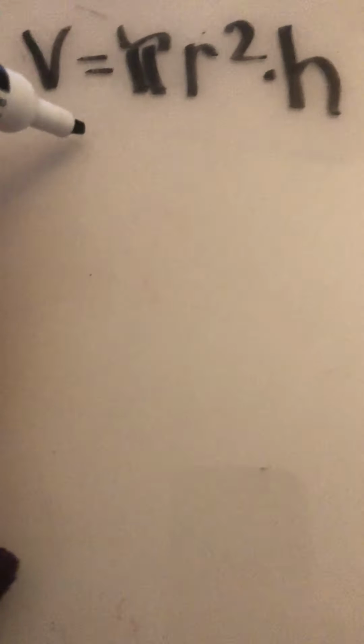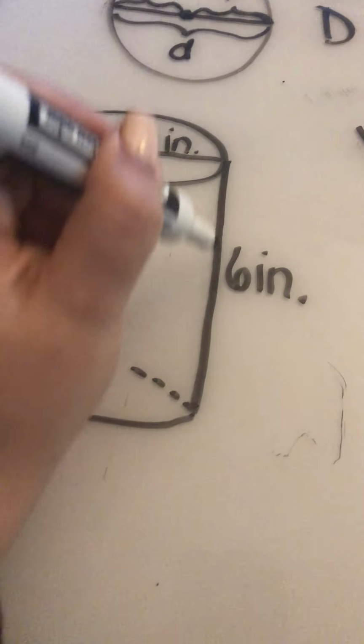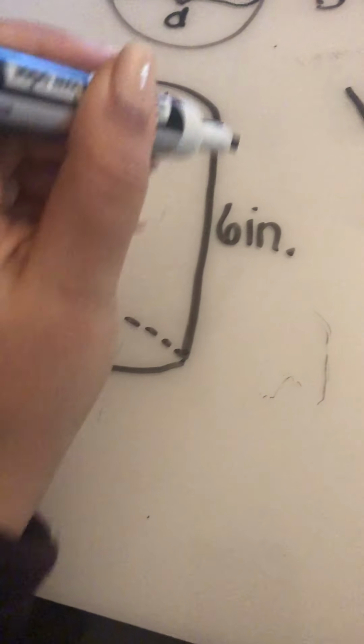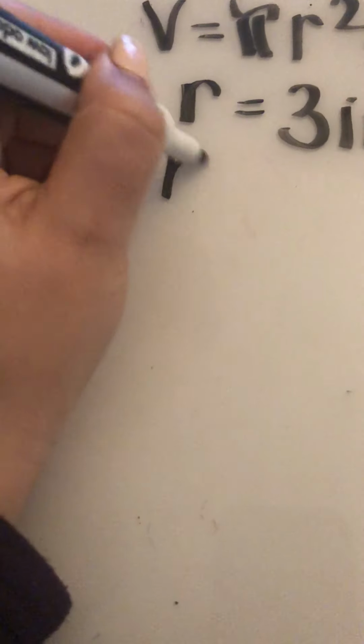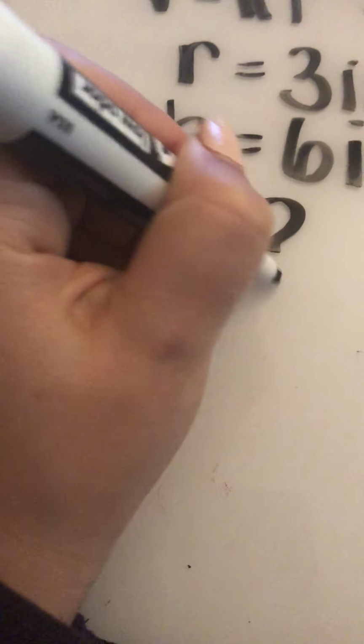So I'm going to write that down. We are given a radius of 3 inches. This would be our height going from one base to the other, so our height is 6 inches. And we are looking for the volume.